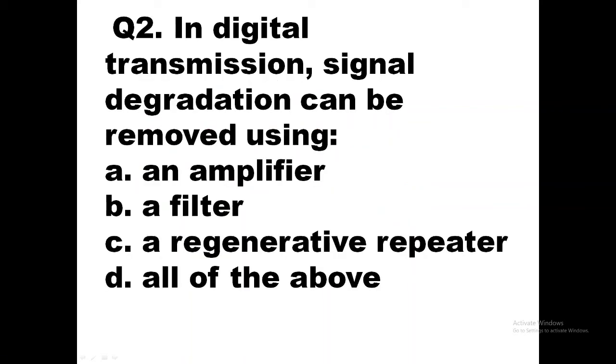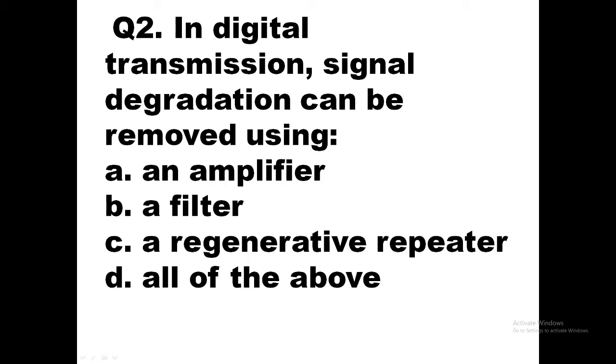In digital transmission, signal degradation can be removed using what? Okay, now signal degradation means your signal is becoming weak. In digital you represent binary 1 as a pulse and binary 0 as no pulse.